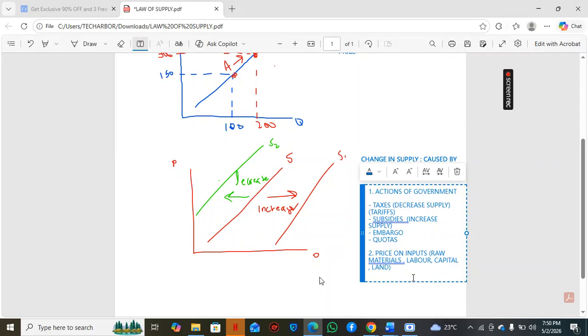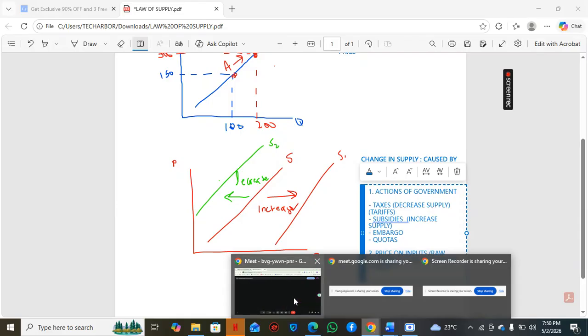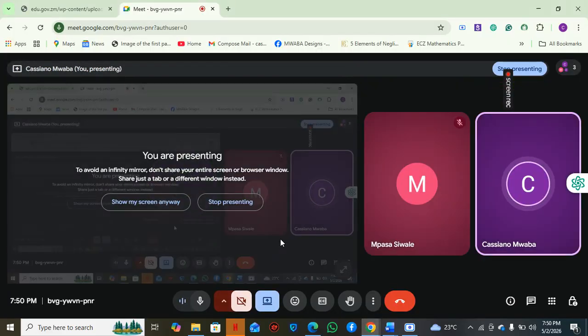So if workers are asking for higher wages and the company cannot fulfill that, they'll have to lay off workers. And if they lay off workers, you're going to produce less. So those are the main shifters of supply.